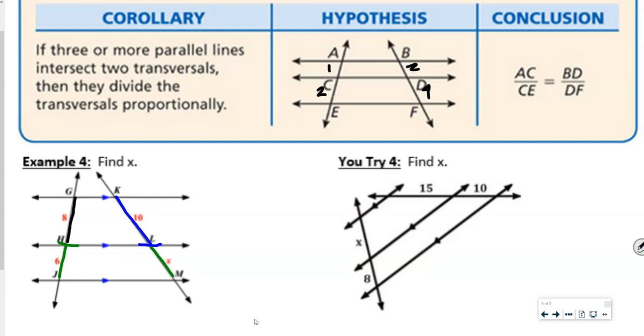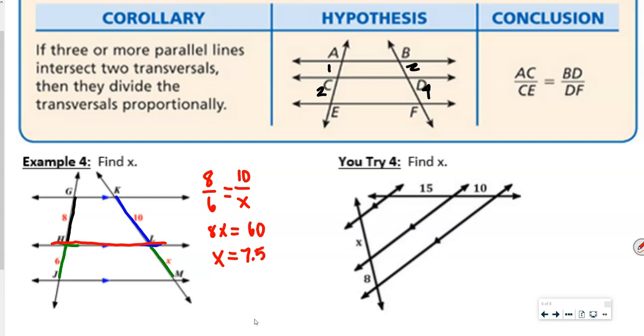So we're going to do 8 over 6 and 10 over x. So once again, see, this is our dividing line right there, okay? So that's 8x is equal to 6 times 10, which is 60. Divide both sides by 8. So when you divide both sides by 8 there, you get 7.5.